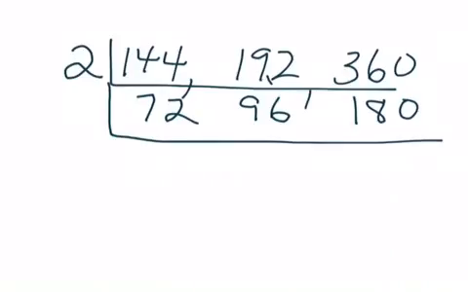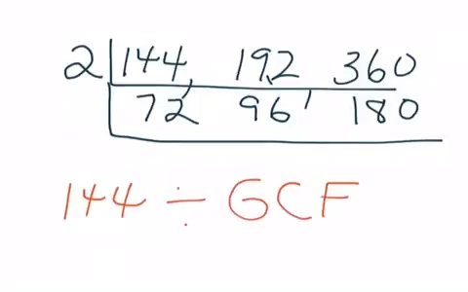All right, so your job is find the GCF. Once you've found the GCF, you're going to need to divide each one of these numbers. 144 is going to need to be divided by the GCF, so you know how many streamers came out of the 144.